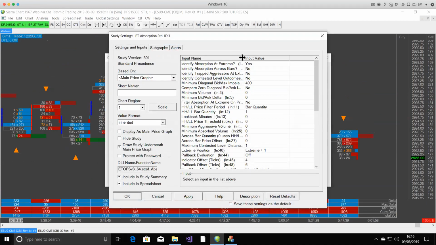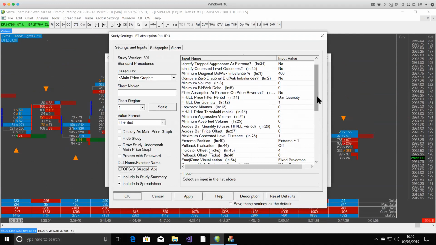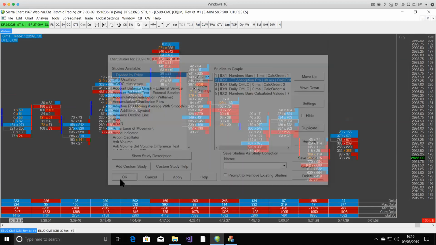I'm going to use the advanced look back filter that we introduced last week. What I'm really interested in is whether we've got strong absorption at the high or low of the session. So I'm interested in fading the edges and taking a reversion trade on the way back in. So I change my look back filter to session high, session low. We get rid of a lot of the noise.